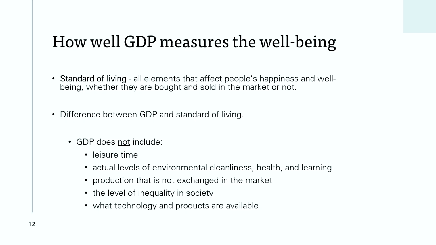Innovations like smartphones, internet access, or medical advancements can greatly improve our life, but GDP does not directly measure the value of these improvements. So GDP is useful for tracking economic growth, but it does not fully capture people's actual well-being.